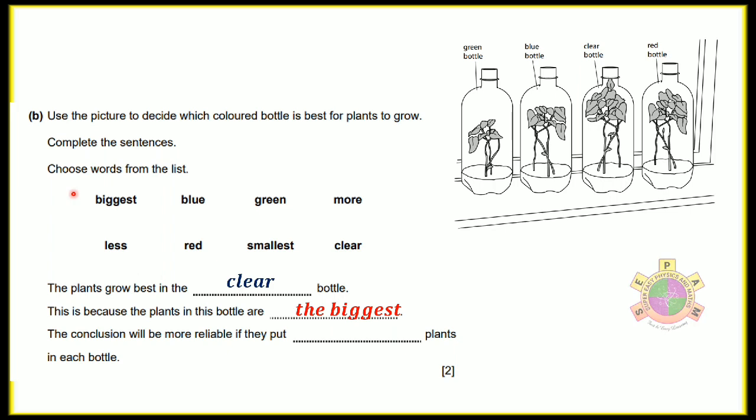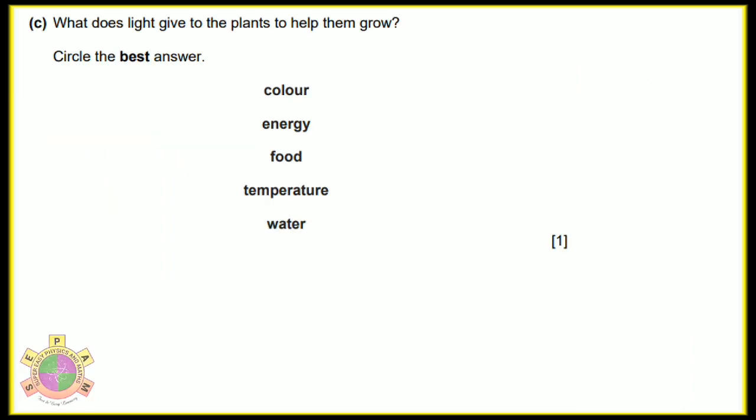From this, the conclusion will be more reliable if they put dash plants in each bottle. What does light give to plants to help them grow? Energy.